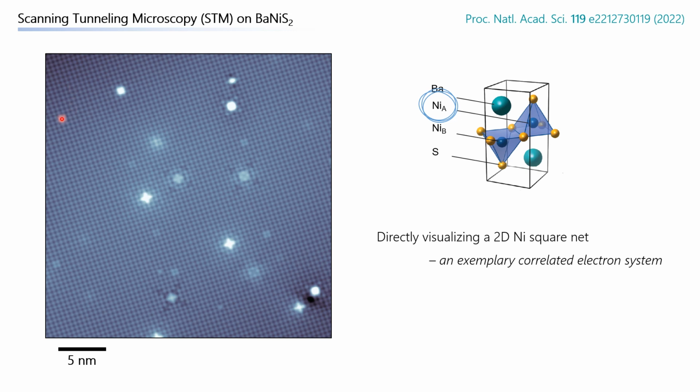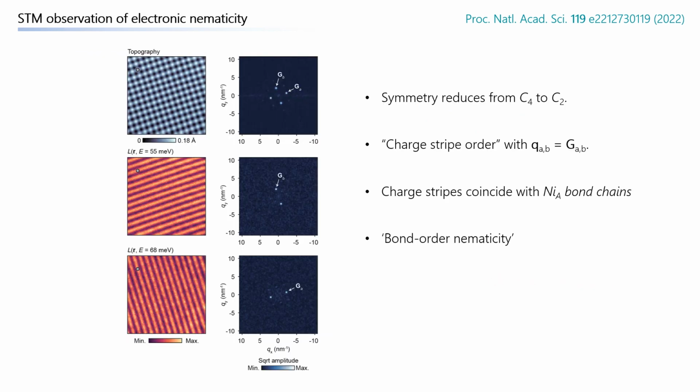So that means that the square lattice that we see in the STM image represents the nickel square lattice, and specifically what we call the nickel A here, which is the uppermost of the two nickel square lattices. And this means that the STM is allowing us to directly visualize this two-dimensional nickel square net system, which is a nice correlated electron system.